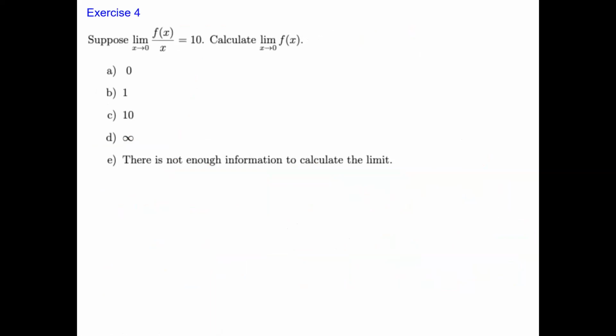Okay, similar. Suppose that the limit at 0 of f of x over x is 10. Calculate the limit of f of x at 0. But now we can see what happens. We have a finite number. X is approaching 0. When we think about it, I just wanted direct substitution. This is 0.